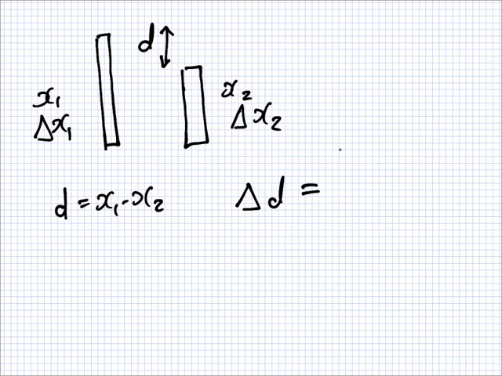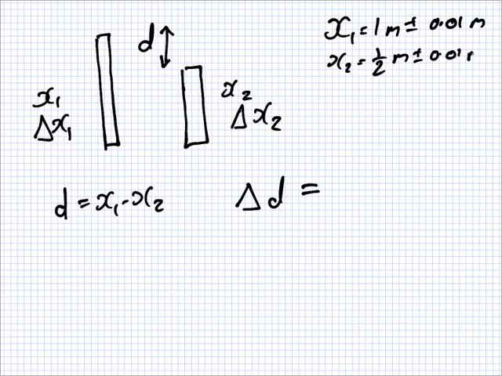I know why you think that though. For example, delta x1 minus delta x2? No. Let's say x1 was 1 meter plus or minus 0.01 meter, and x2 was half a meter plus or minus 0.01 meter.